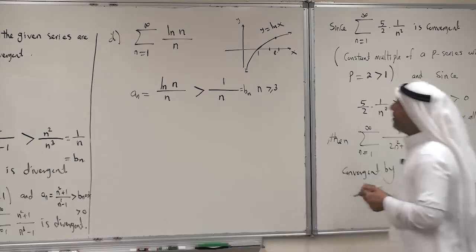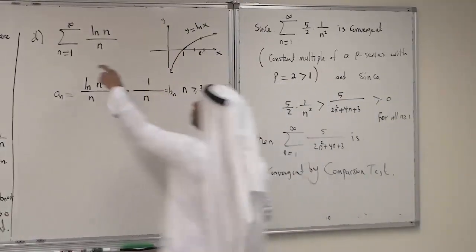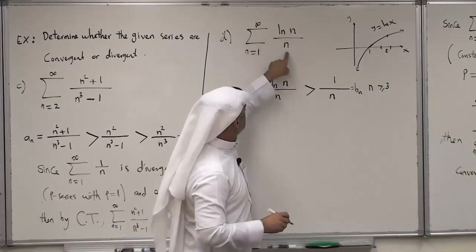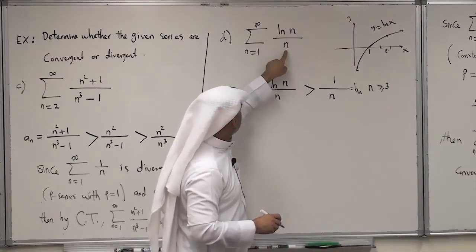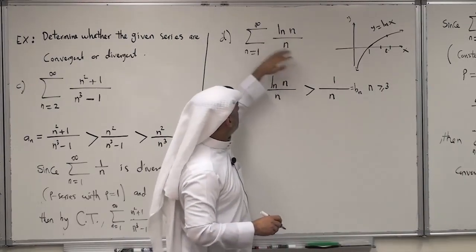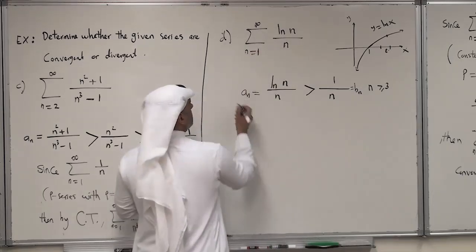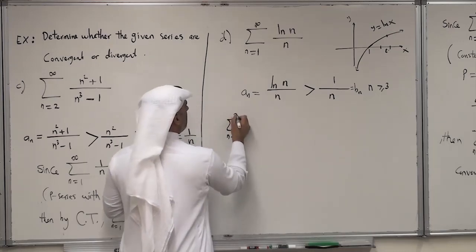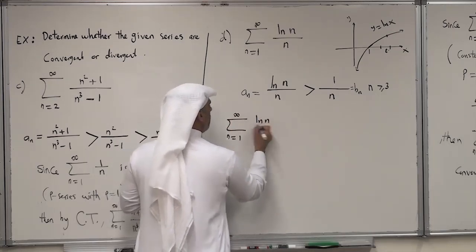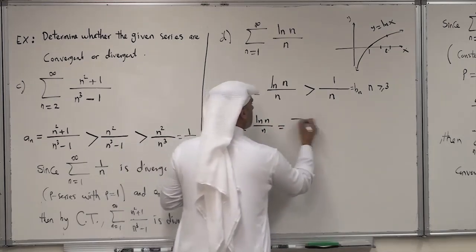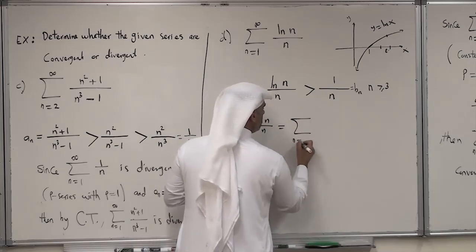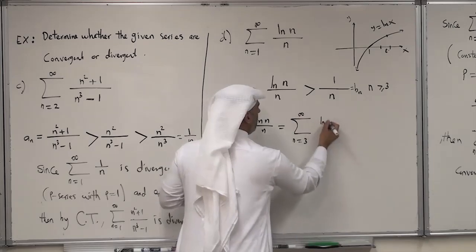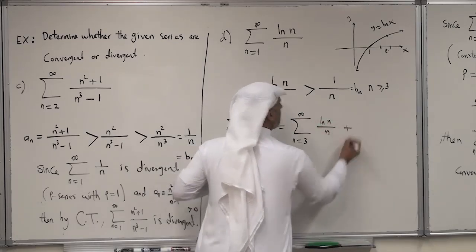And then, we have only two terms to be removed here. N equal to 1, n equal to 2. For n equal to 1, ln of 1 over 1 is equal to 0. So this is what we have actually. We have the summation from n equal to 1 up to infinity of ln of n over n. This is equal to the summation from n equal to 3 to infinity of ln of n over n, plus the first two terms.